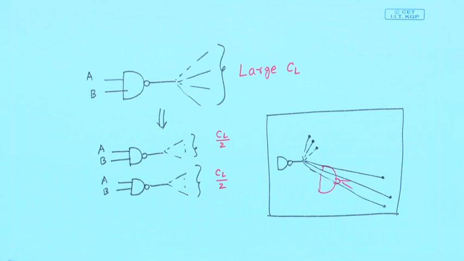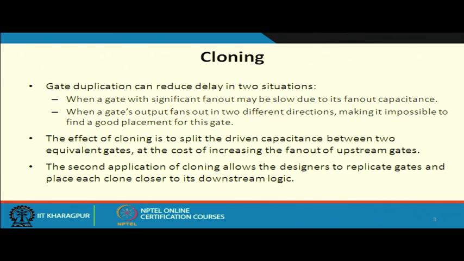Fine, so let us come back. Just as I have explained, gate duplication or cloning can reduce delay for the following two situations.